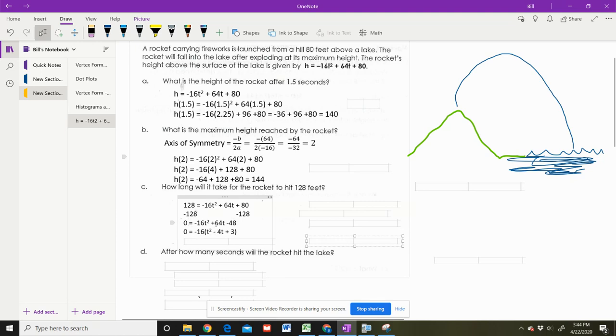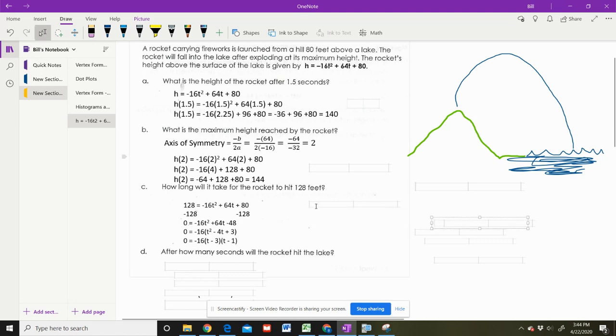That changes the sign on everything on the inside. And then if we use the AC method, what two factors multiply to a positive 3 but add to a negative 4? So when we do that, we get negative 16 times t minus 3 times t minus 1.